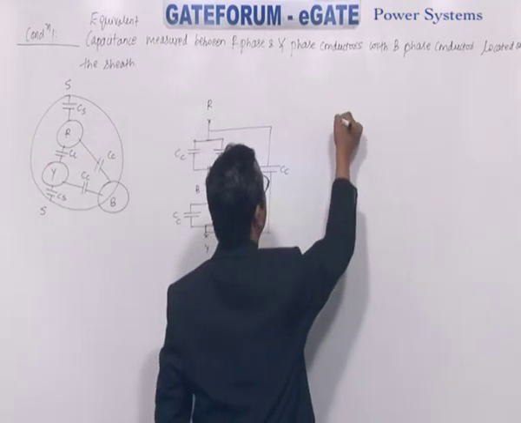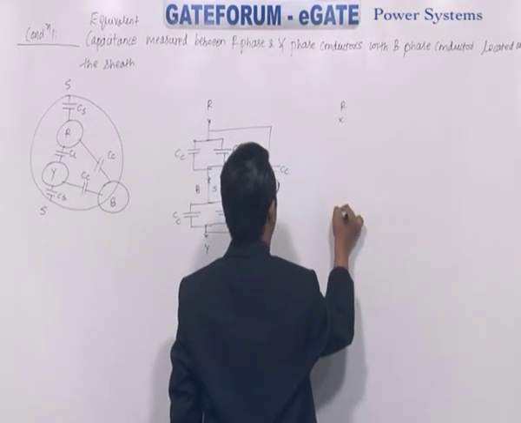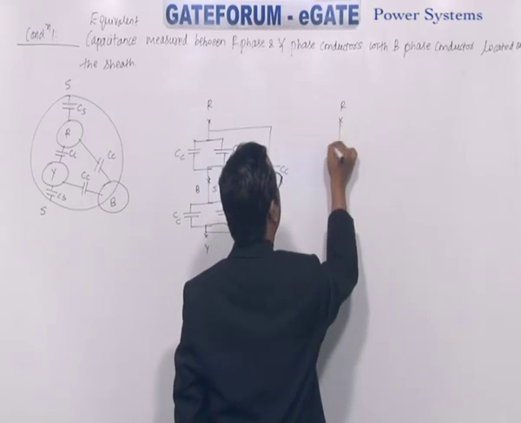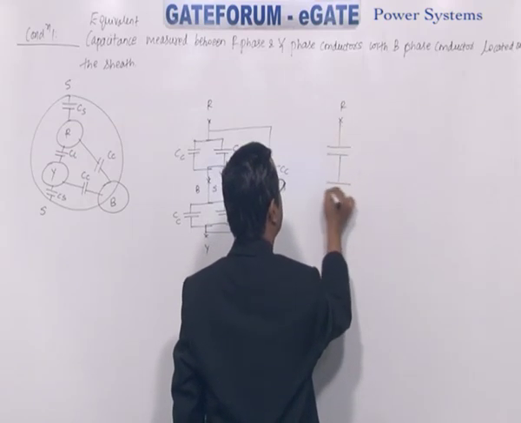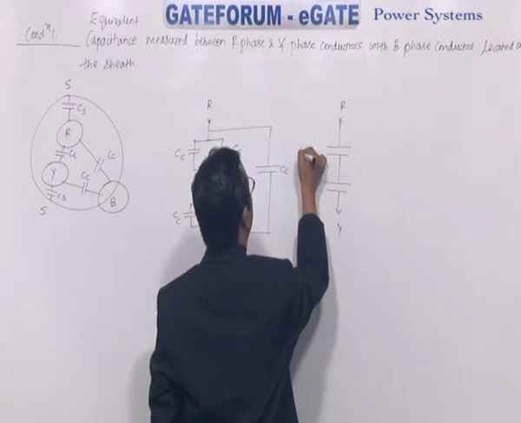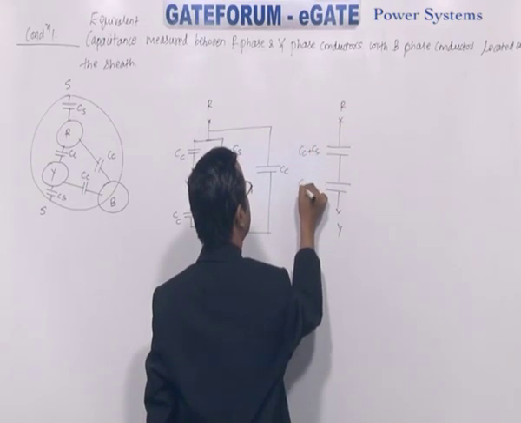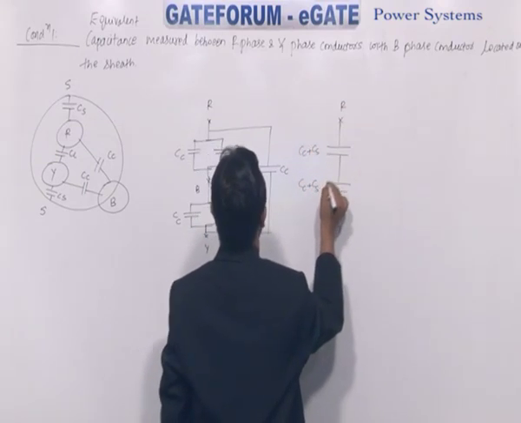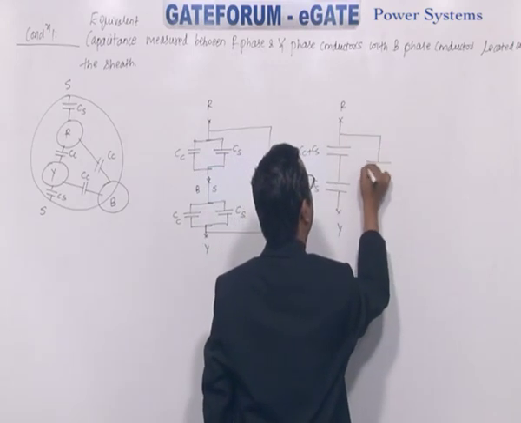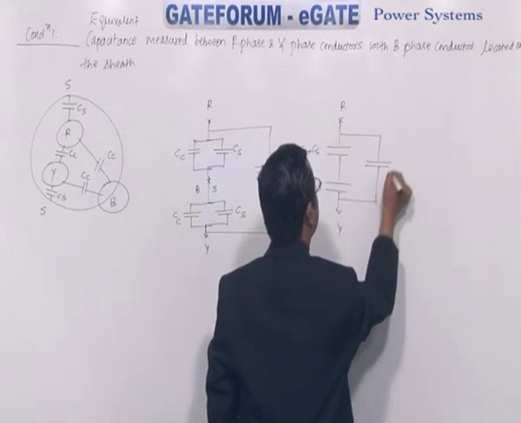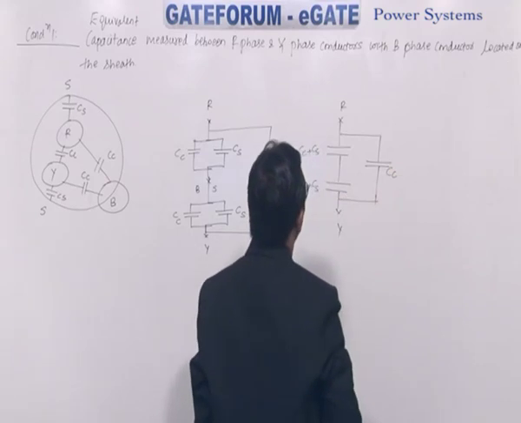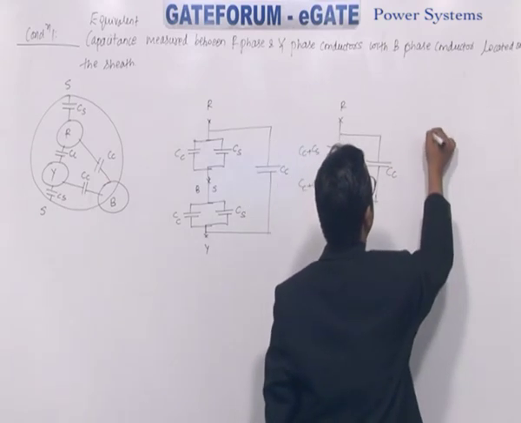Now capacitors are in parallel. If capacitors are in parallel, what you do? Add their values. Adding them how much? CC plus CS. And to that what is in parallel? CC is in parallel. Now capacitors are in series.